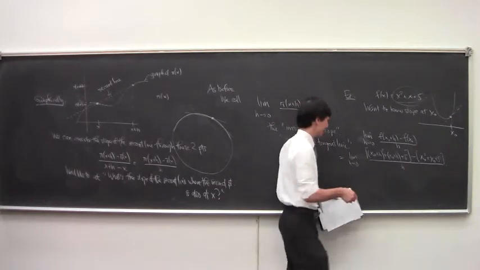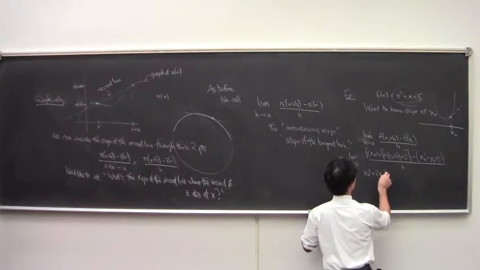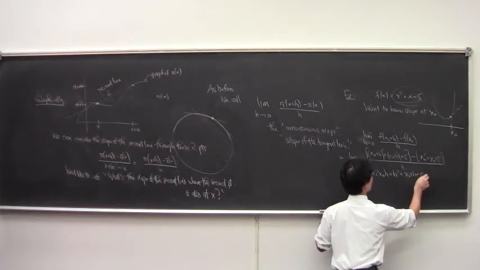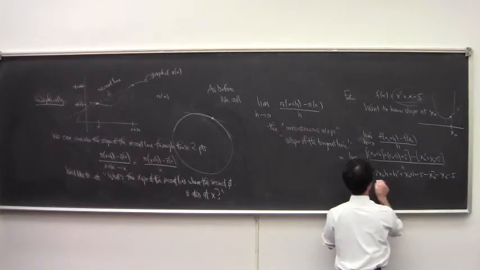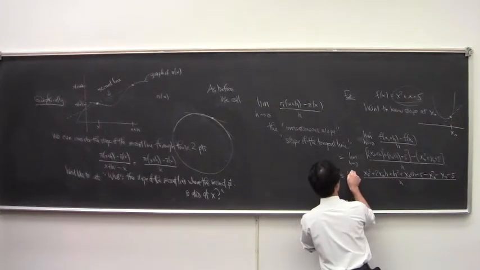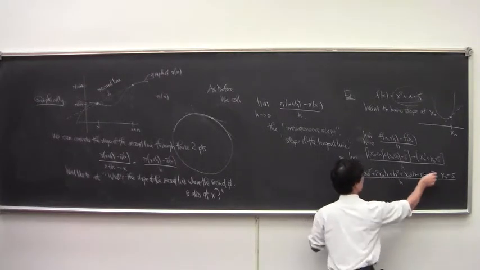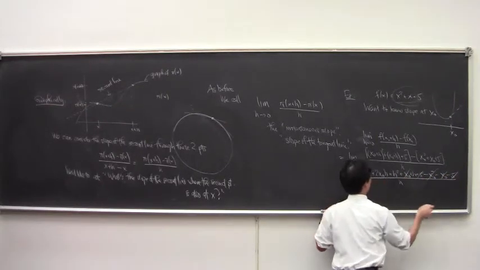We work it out. This is x naught squared plus 2 x naught h plus h squared plus x naught plus h plus 5 minus x naught squared minus x naught minus 5, over h. The x naught squareds cancel out, the x naughts cancel out, the 5s cancel out.